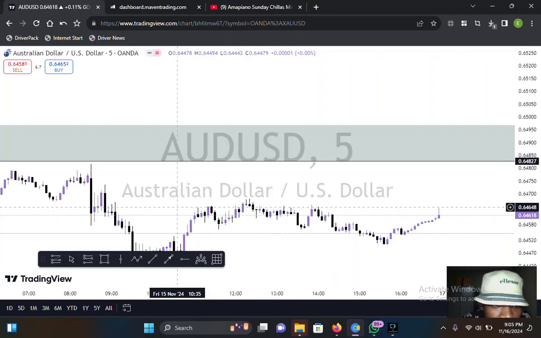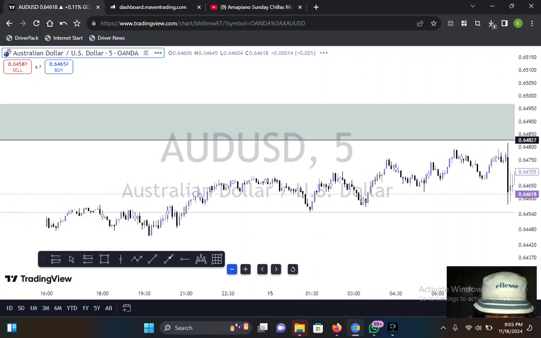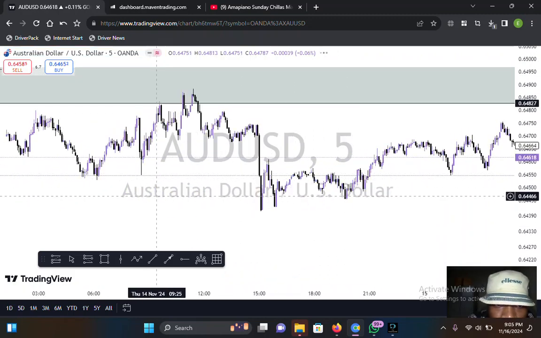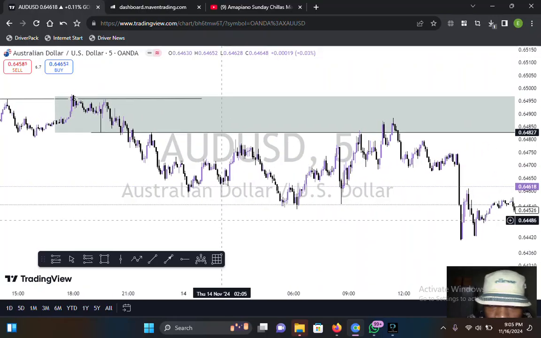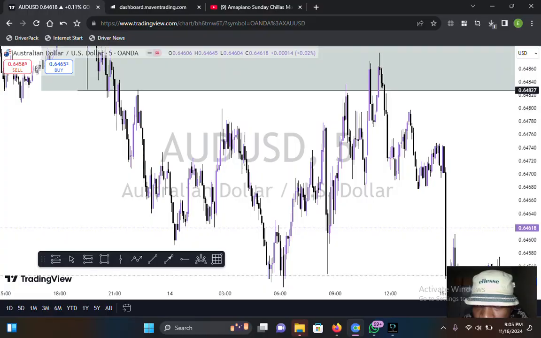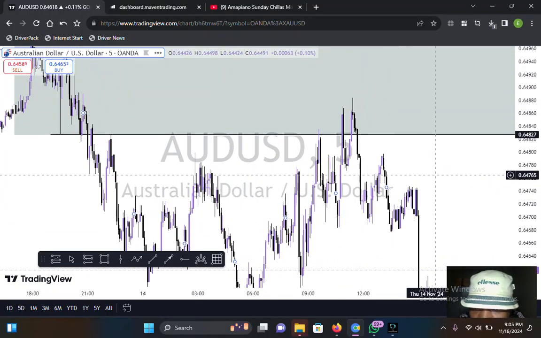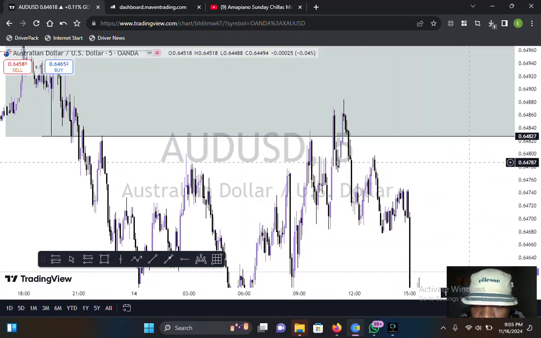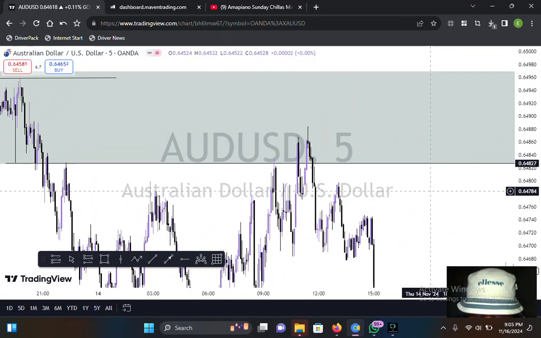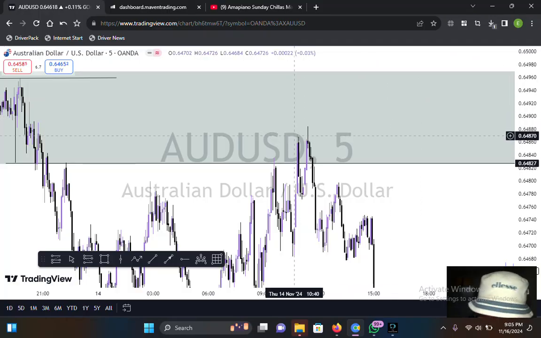After scaling down to 5 minutes, where were we? Yeah, after scaling down to 5 minutes, we observe again only 5 minutes to see what is actually going on. So we see that, okay, here we had a liquidity sweep. Even on the lower time frame we have a liquidity sweep.